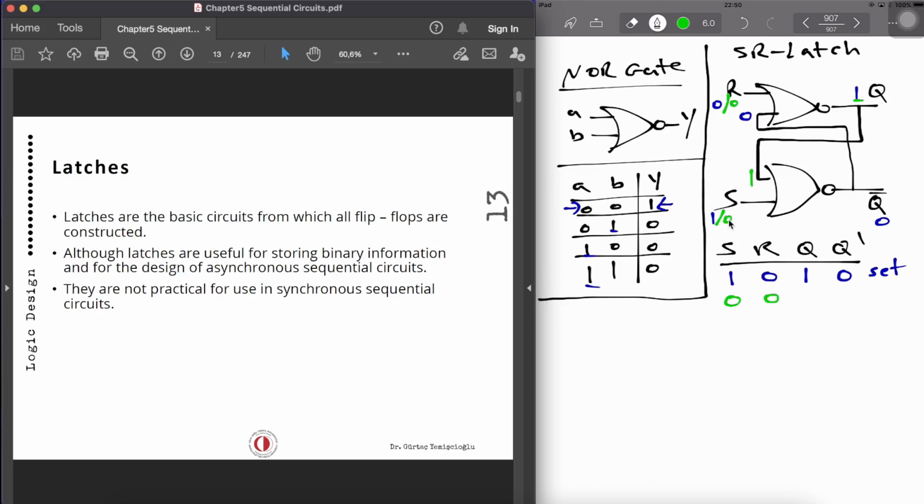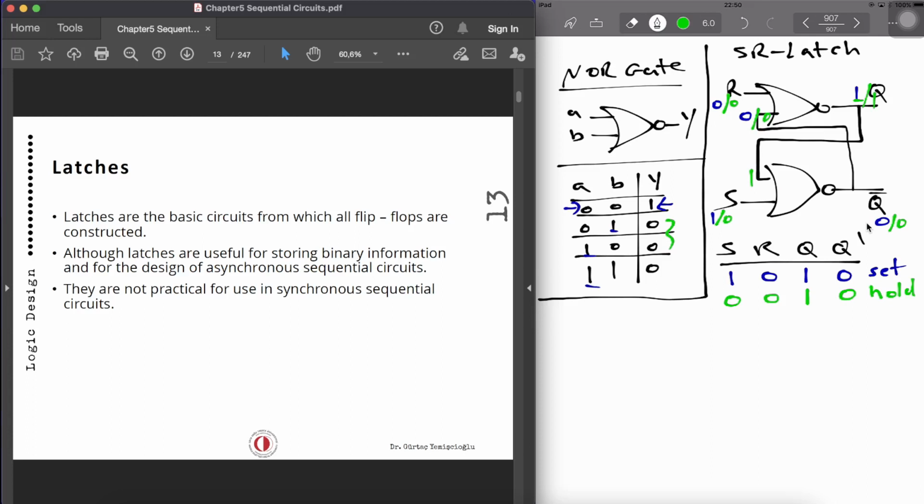So 1, 0 will give you 0, because we know that from the truth table. And that 0 is also feeding back in, and 0, 0 will also give you 1. So we can see that when both inputs are 0, this holds the previous values of Q and Q prime. This is known as the hold state.